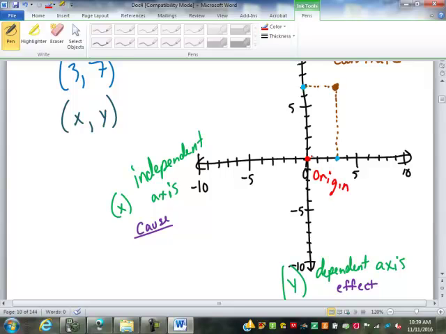Quadrants, not terribly important. I will never test you on what quadrant something is in, but this is called the first quadrant here, mainly because both x and y are positive, and in real life, that's where most things occur. Now we go around counterclockwise, so that'd be second, third, and fourth quadrants.